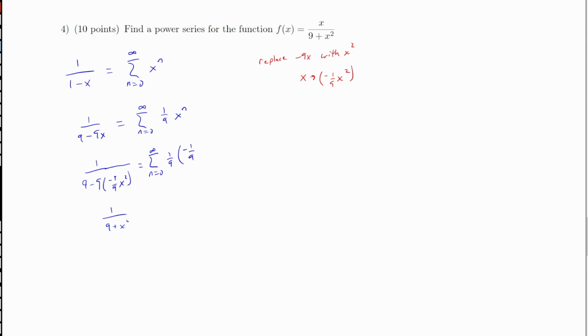I'm replacing the x with a negative 1/9 x squared. So I have a negative 1 to the n. X squared to the n will give me an x to the 2n. And we'll have a 9 to the n. And now to get my function f of x, I'm going to multiply both sides by x.